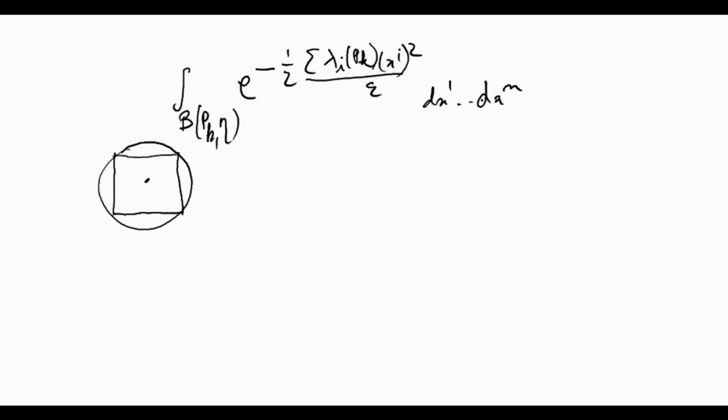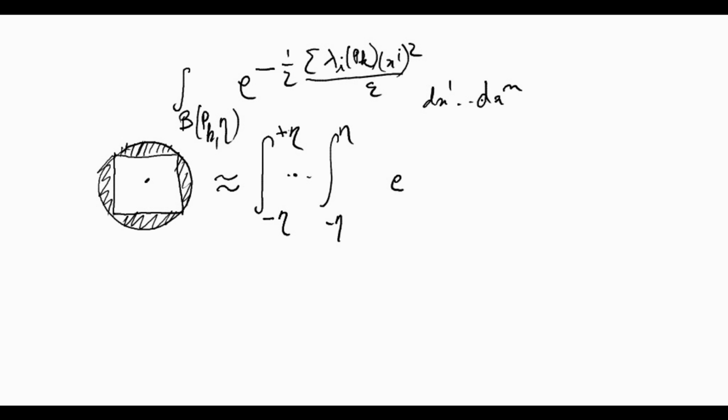The difference between the ball and the square is, of course, the part here, which can be shown to be negligible in this calculation. So I will reduce the ball and just calculate everything on squares, so that I can transform this integral. This is the same as the integral over intervals from minus eta to eta, n times.